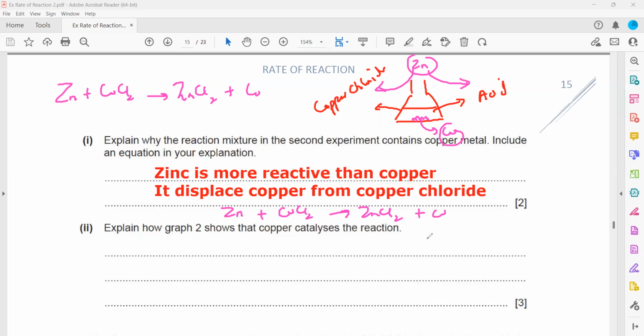Is it clear? That is how the mixture contains copper metal even though it was not added. Copper chloride was added, but the mixture contained copper metal because zinc displaces the copper. And that copper which is produced acts like a catalyst for the other reaction between zinc and acid.